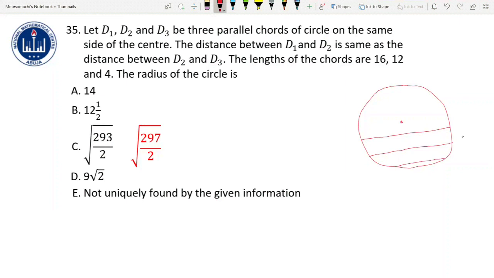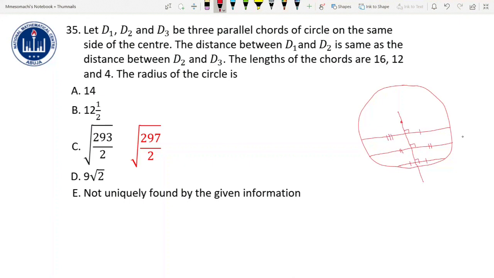Since the chords are parallel, the perpendicular bisectors of the three chords are the same. This is because any line drawn from the center of a circle to the center of any chord meets it at 90 degrees.